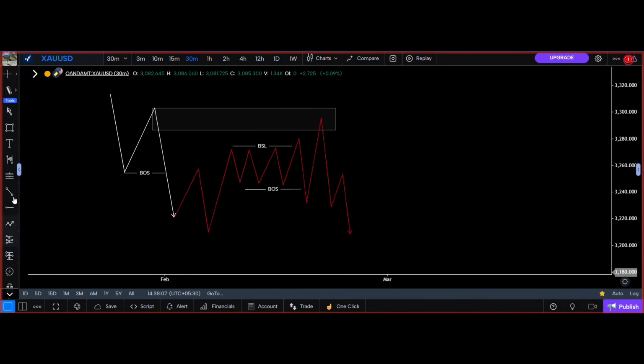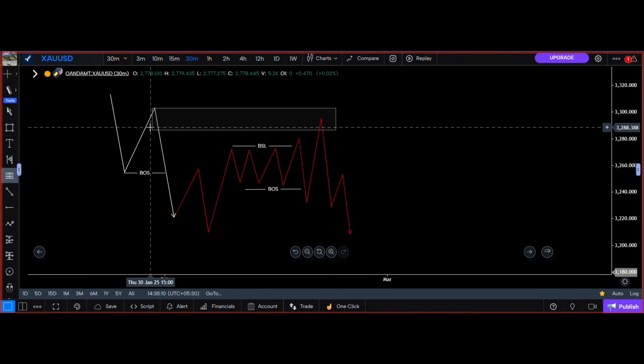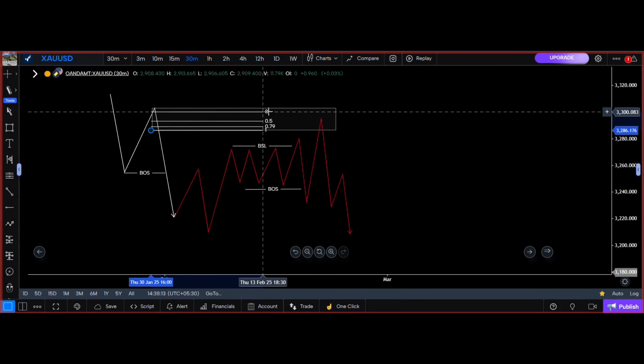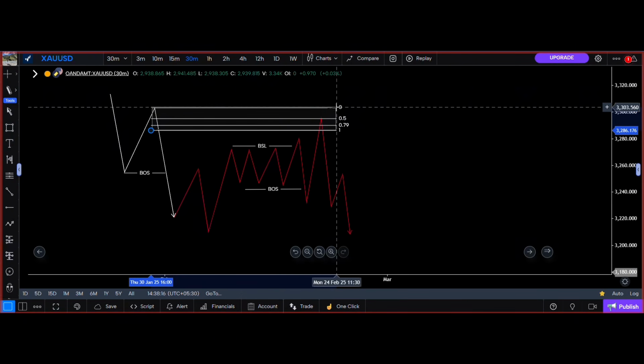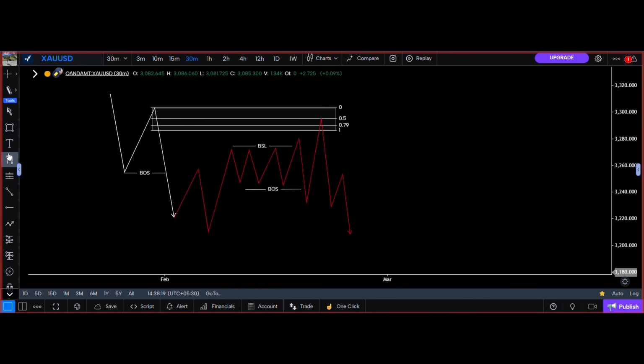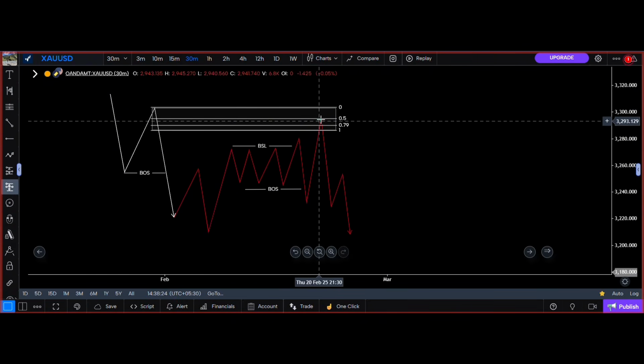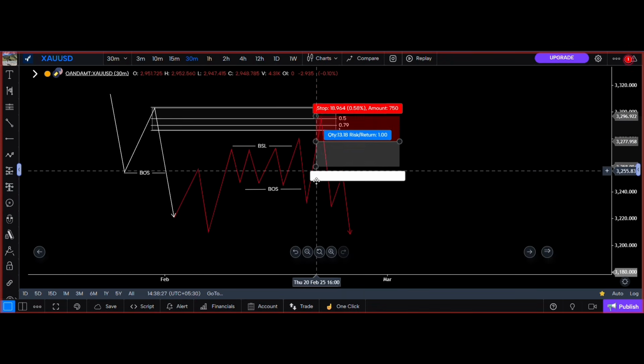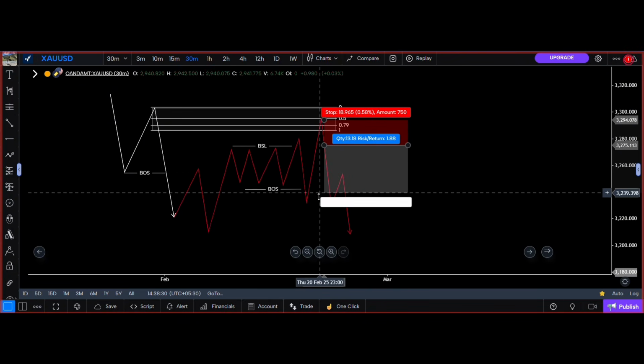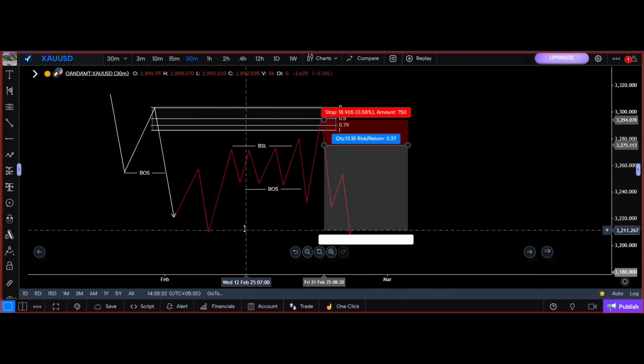So the market came up to the 4-hour time frame supply zone, then taps into the 50% zone, targeting this recent low.